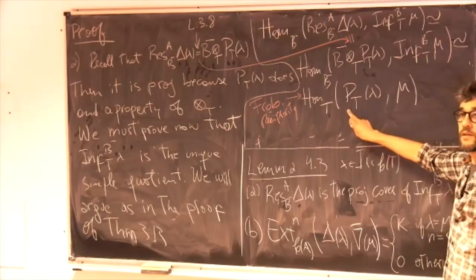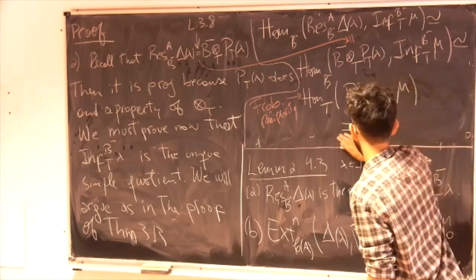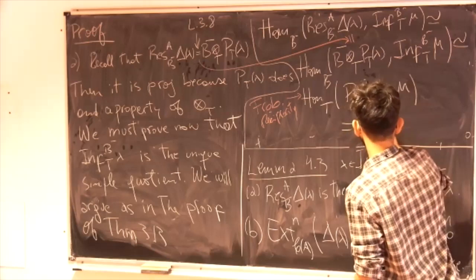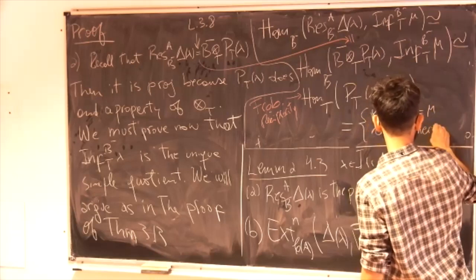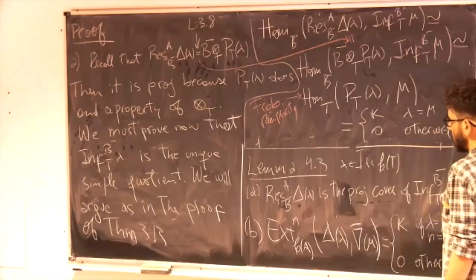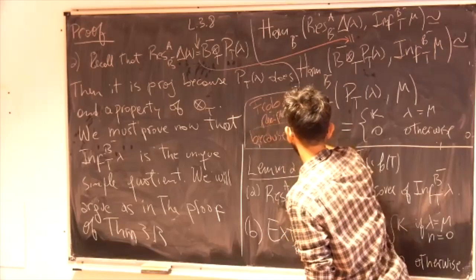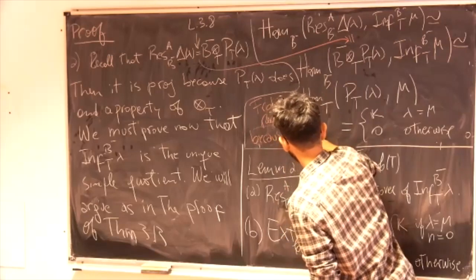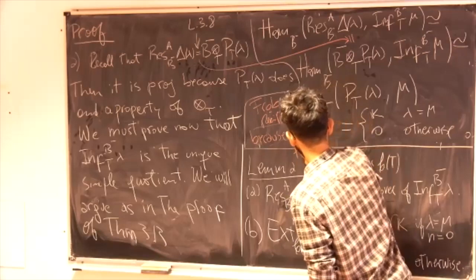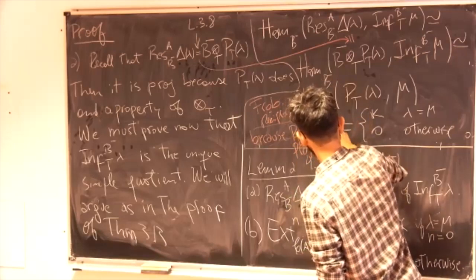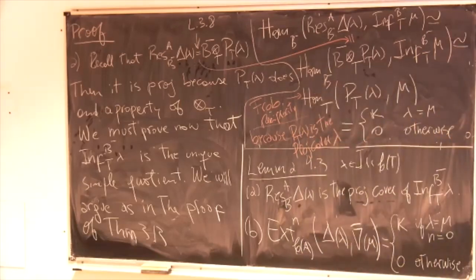And now, as this by definition is the projective cover of lambda, this is the field if lambda is mu, or zero otherwise. And this is because it's the projective cover of lambda. We have defined this in this way.